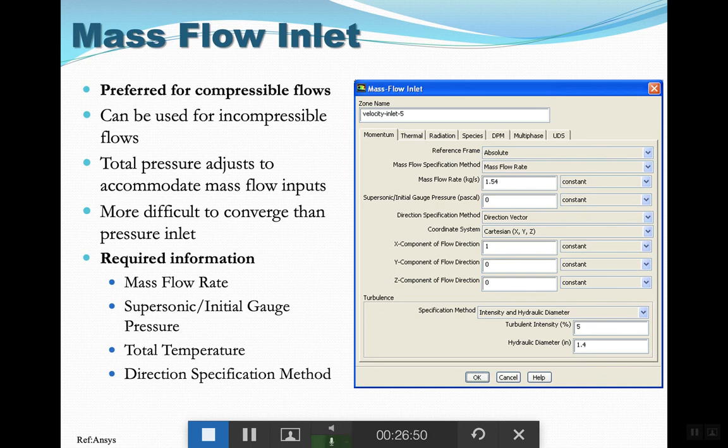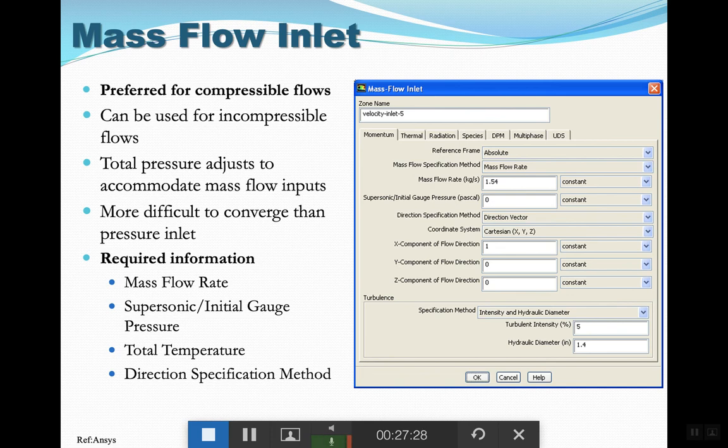It is very useful for compressible flows, and the information you provide are your mass flow, your initial gauge pressure if you have one, your temperature, and direction specification method, whether you're providing components or normal to the boundary, and so on and so forth. This method is recommended to be used for compressible flows. For incompressible flows, always try to use a velocity inlet.